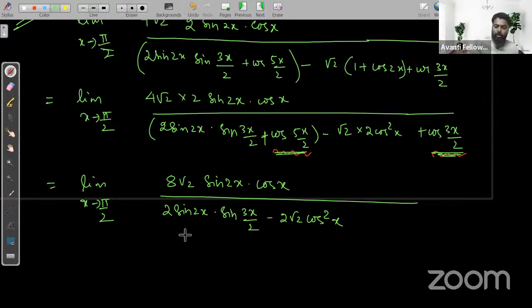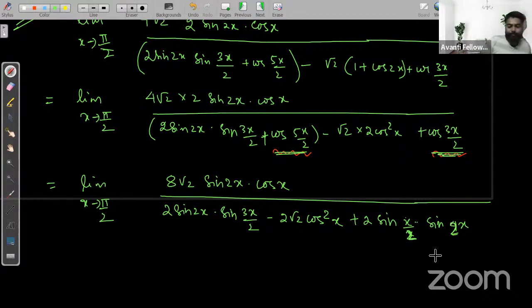If we use it, that will be 5x plus 3x, which is 8x by 2, that is 4x, into cos of (5x minus 3x) by 2, that is x. So it will be 2 into cos 4x into cos x, right?